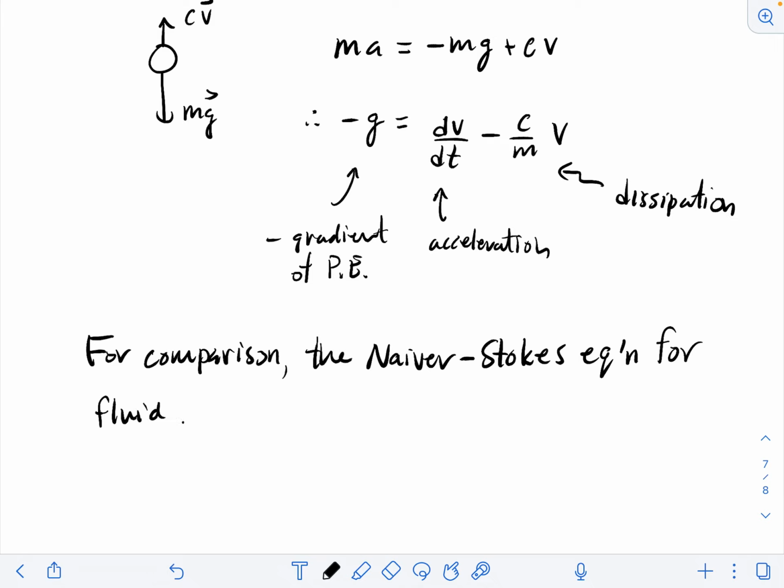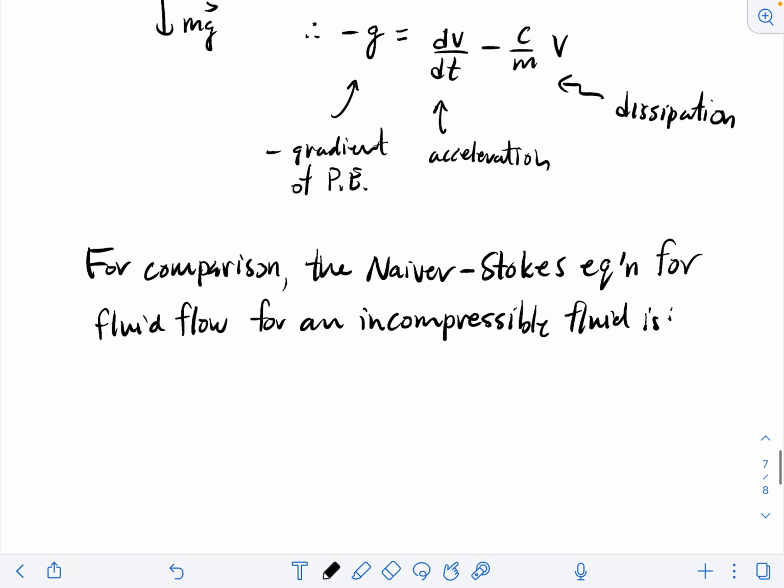For an incompressible fluid, this Navier-Stokes equation takes the form of dv/dt plus v dot del acting on v.